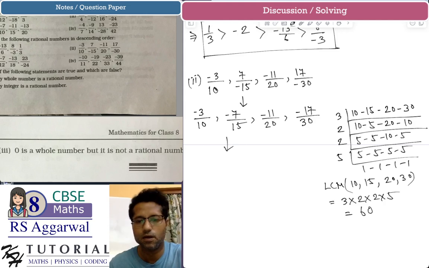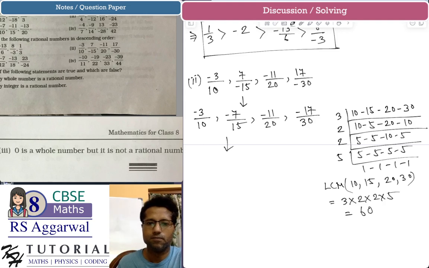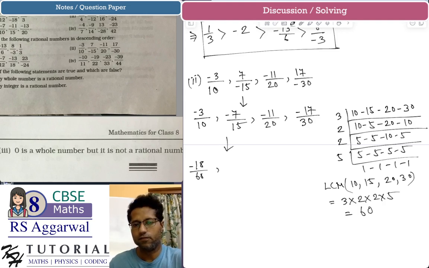So we have to convert all these 4 rational numbers to their equivalent form, so that all the equivalent rational numbers will have a common denominator as 60. So minus 3 by 10, we will have to multiply both the numerator and the denominator with 6. So this becomes minus 18 by 60. Minus 7 by 15, we have to multiply both the numerator and the denominator with 4, and it becomes minus 28 by 60.